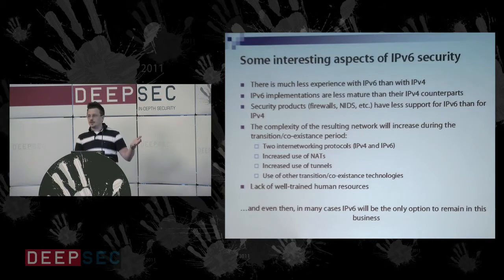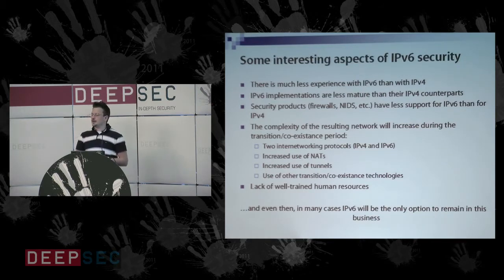So I have tried to summarize here the ones that I think are most important of all. First of all, we have much less experience with V6 than we have with IPv4. And that's important because no matter how good or bad the technology may be, if the personnel that is deploying that technology is not very knowledgeable about it, probably the quality and the security of those deployments is not going to be quite good.